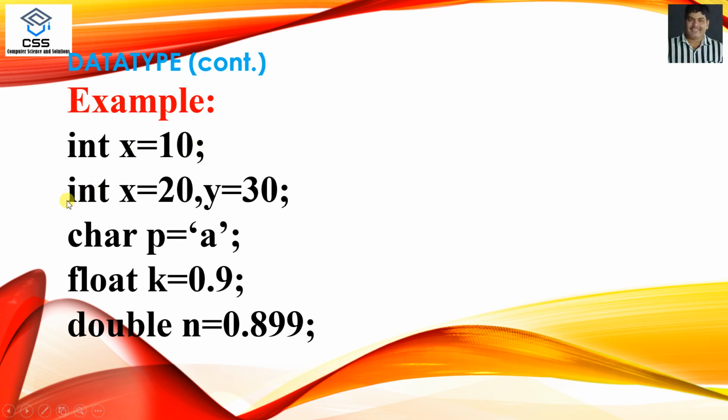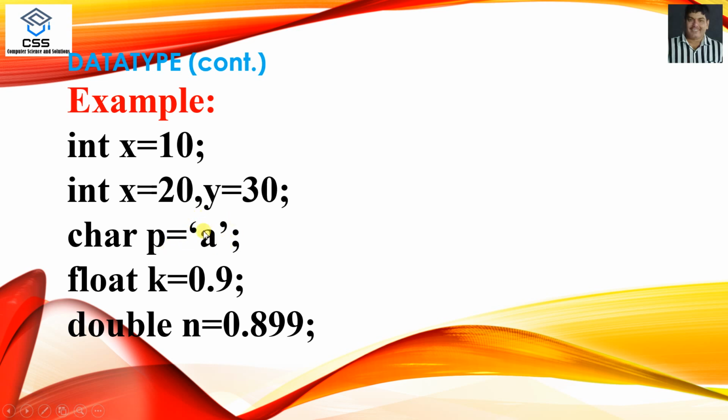Suppose we want to declare more than one variable, then int x equal to 20, comma y equal to 30. Comma is also an operator, x is the variable, 20 is the value, the right-hand value will be stored in x, assignment is the operator. y equal to 30, y is the variable, 30 is the value. Like this, char is the data type, p is the variable, equal to 'a'.